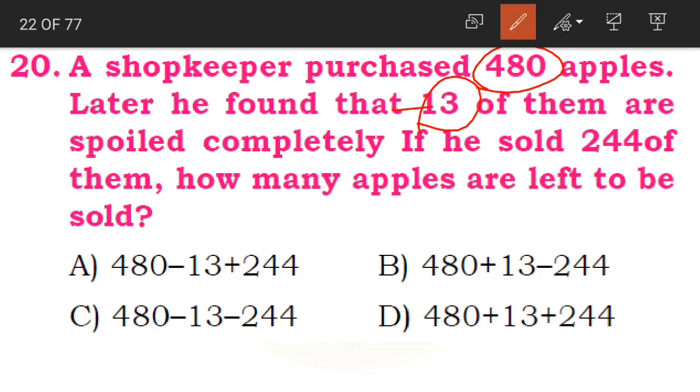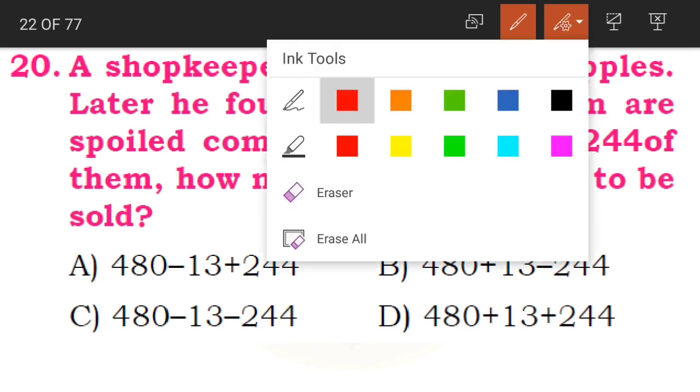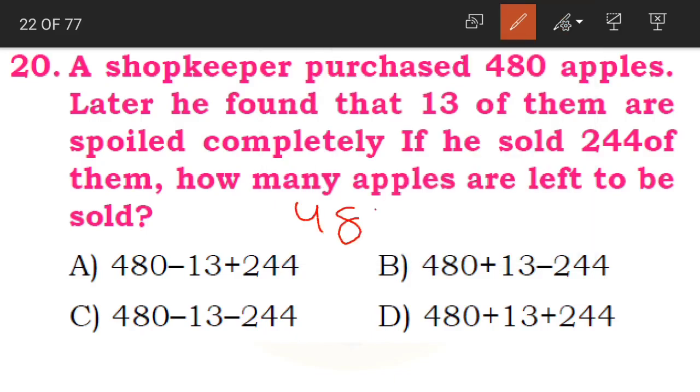So what will we do with the spoiled apples? We will throw them away. So when we are throwing them away, do we add that 13 to the total apples or will we subtract? Yes, children, when we are throwing them away, we will subtract. Very good. So what will be our first step? 480 minus 13. These 13 apples are subtracted, and from these he sold off 244.